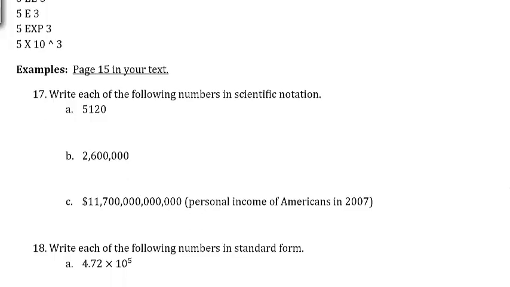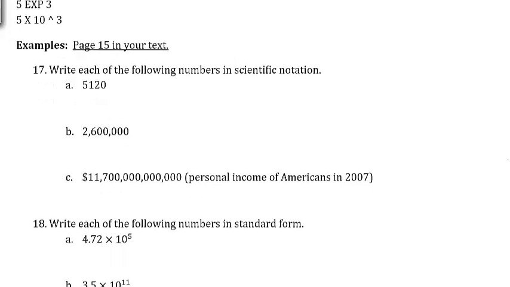Okay, so now let's do some computations using our calculators and scientific notation. So first of all, we're just going to write these numbers in scientific notation. So again, you always want to have one non-zero digit in front of the decimal place. So this I'm going to have to write as 5.120.